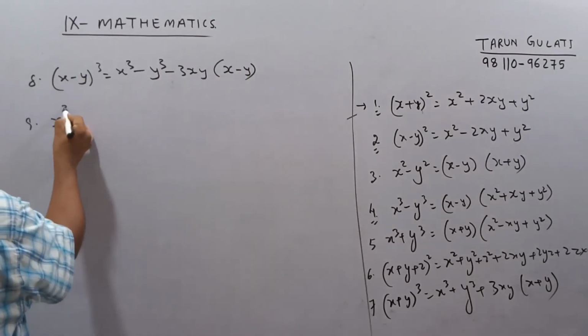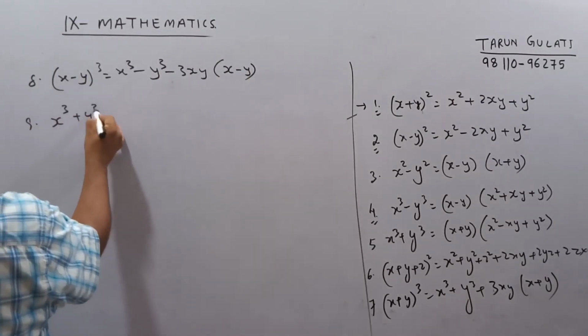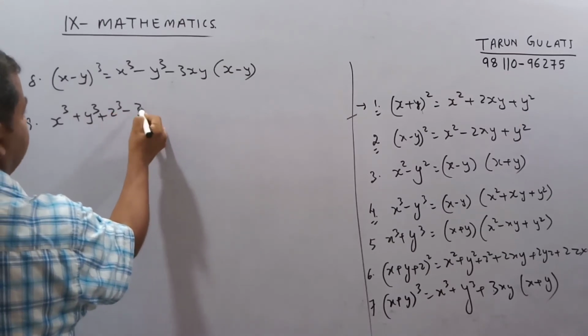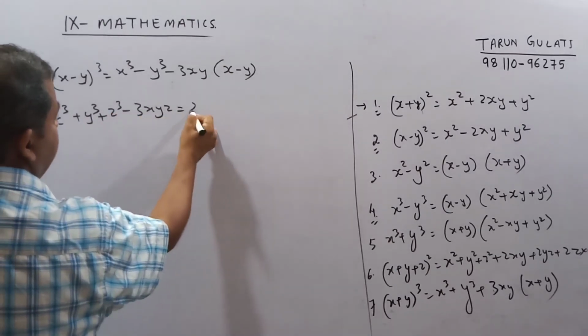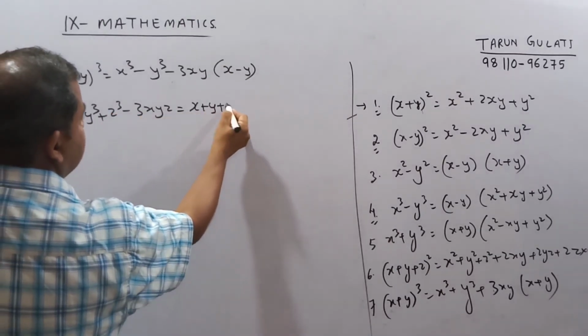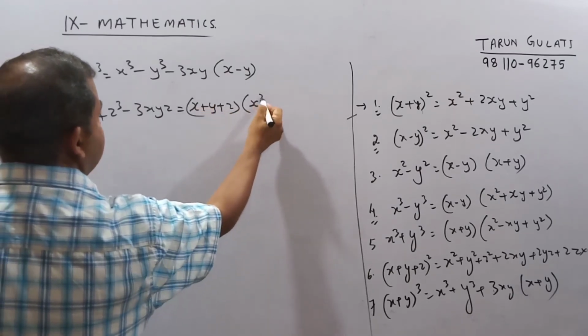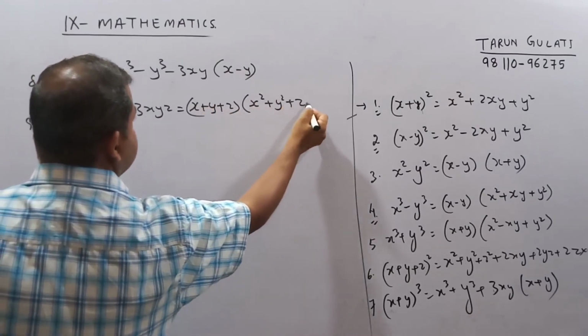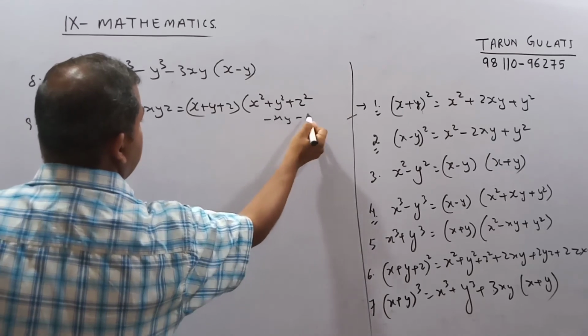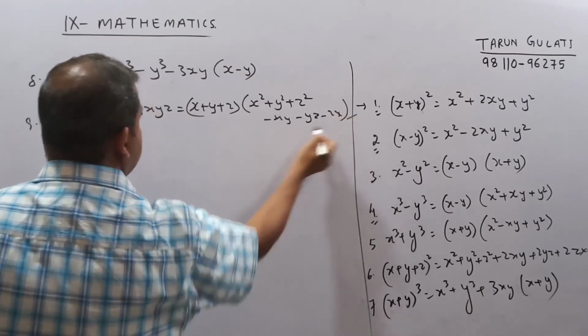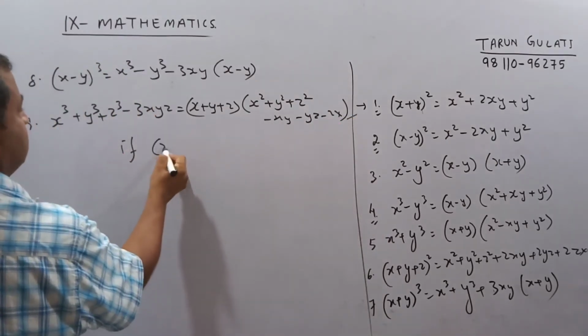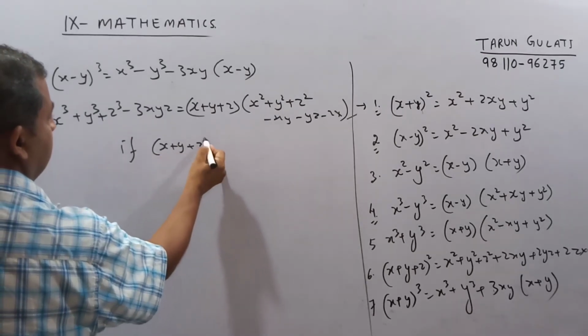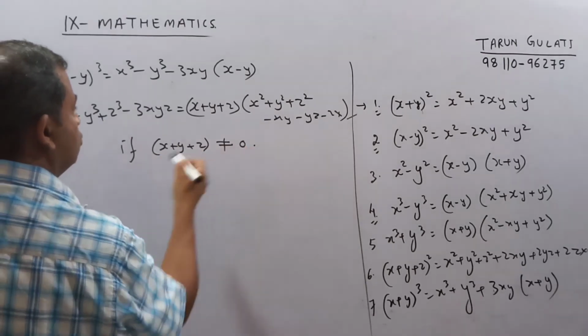Number 9, x cube plus y cube plus z cube minus 3xyz is x plus y plus z into x square plus y square plus z square minus xy minus yz minus zx, if x plus y plus z is not equal to 0.